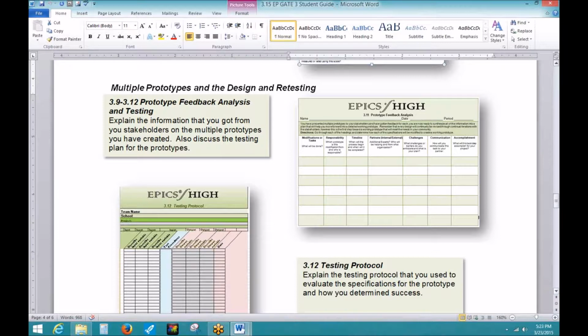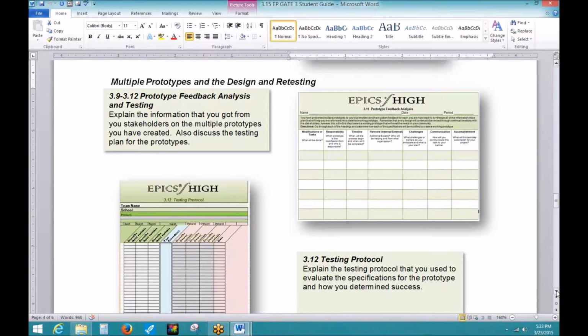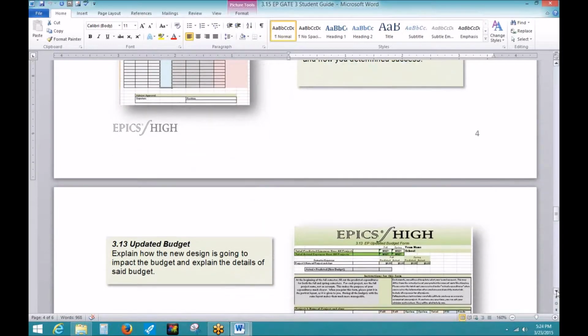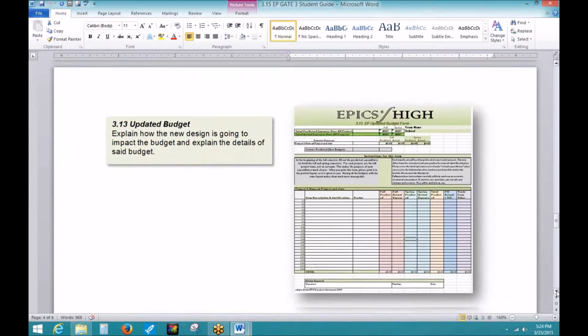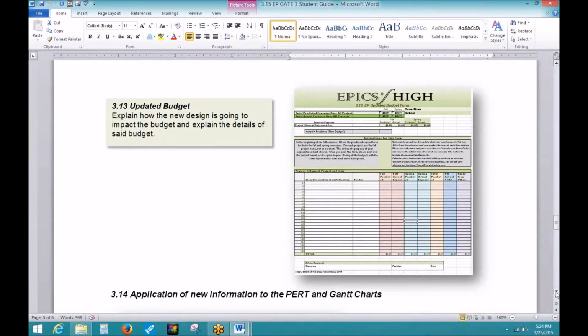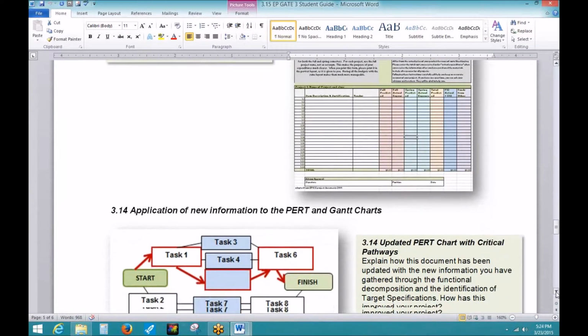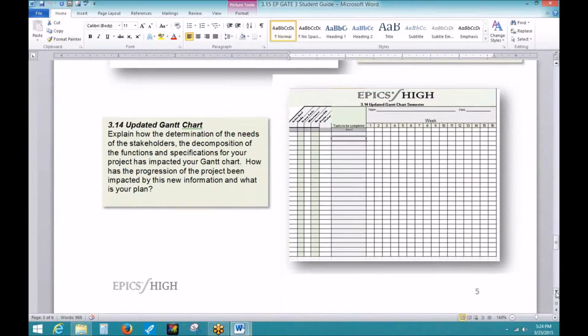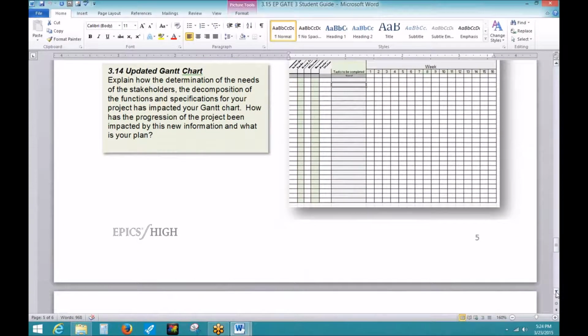A lot of different universities use it. So this is a basic design model. So it's something that you can use throughout. So you've got your testing protocols, so they should be testing and doing that, and then they're updating their budget in 3. And then they should be updating their PERT and Gantt charts along the way. So these are just documents that you have in 3. Okay.